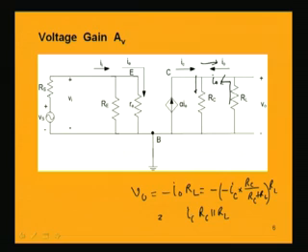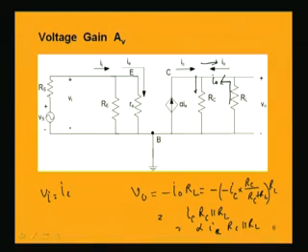Again, what is IC? IC is equal to alpha times Ie. So, replacing it, I get alpha times Ie RC parallel RL; this is the output voltage. And the input voltage, using the earlier expression that we have already found, is Ie into re.